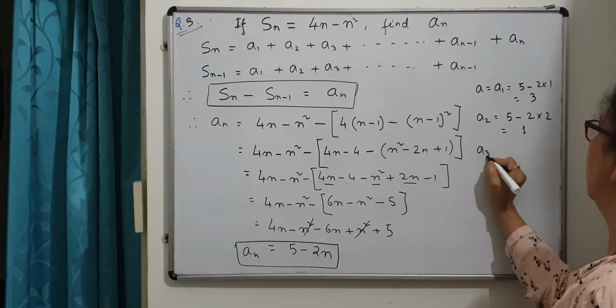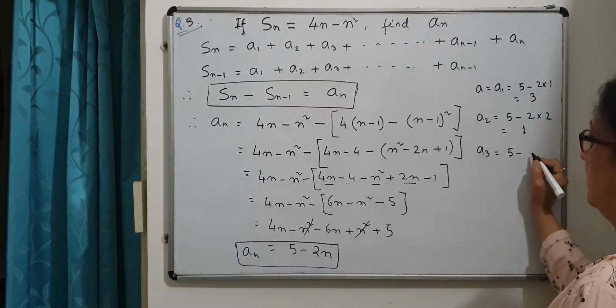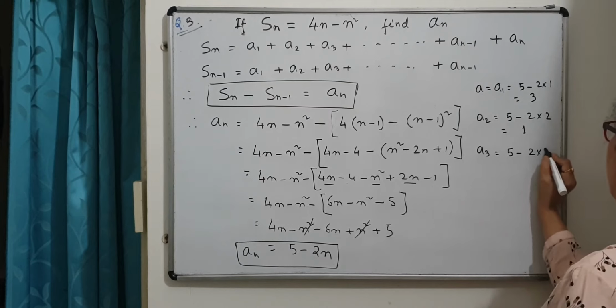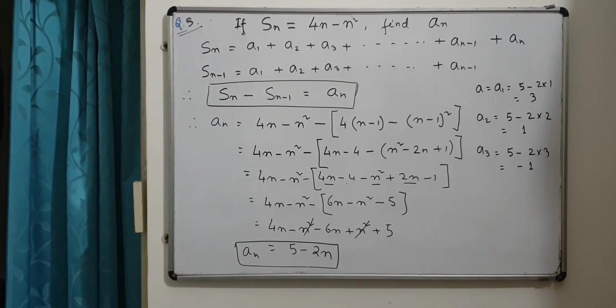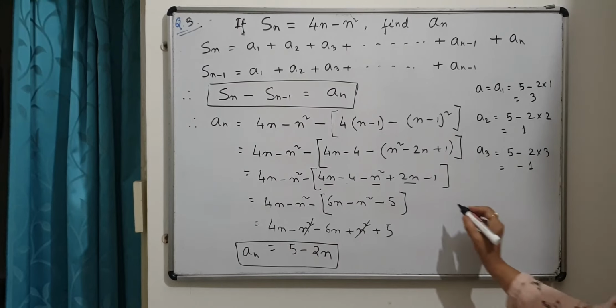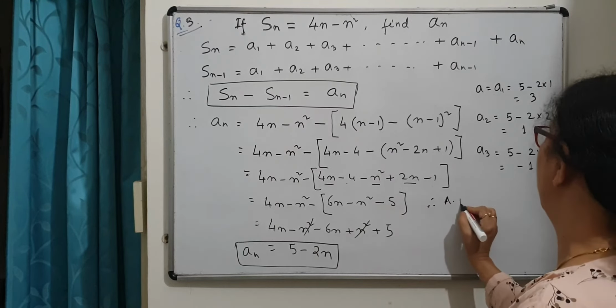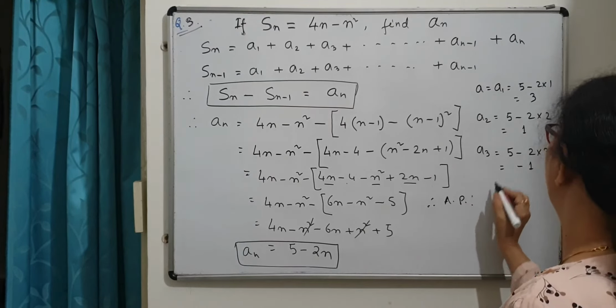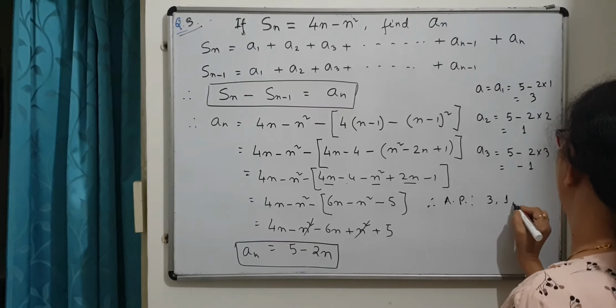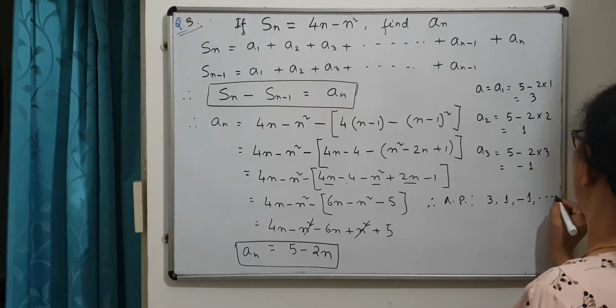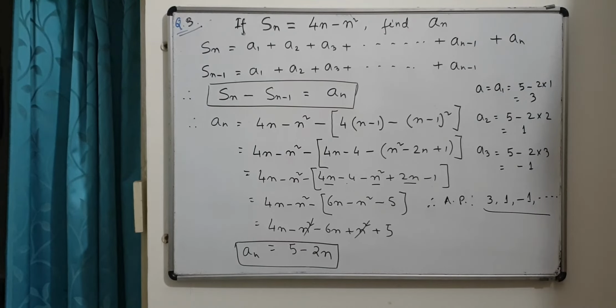Then A3 is 5 minus 2 into 3, that is 5 minus 6, which is minus 1. So therefore, what will be the AP? The AP will be: first term is 3, 1, minus 1. In this way it will go. So you see, if I know the nth term, I know the AP.